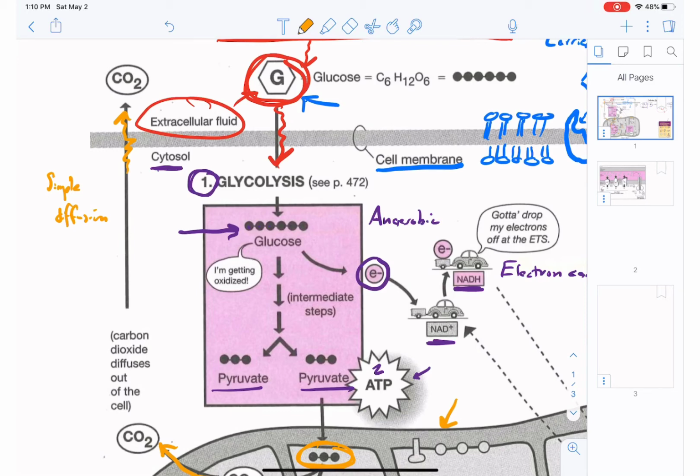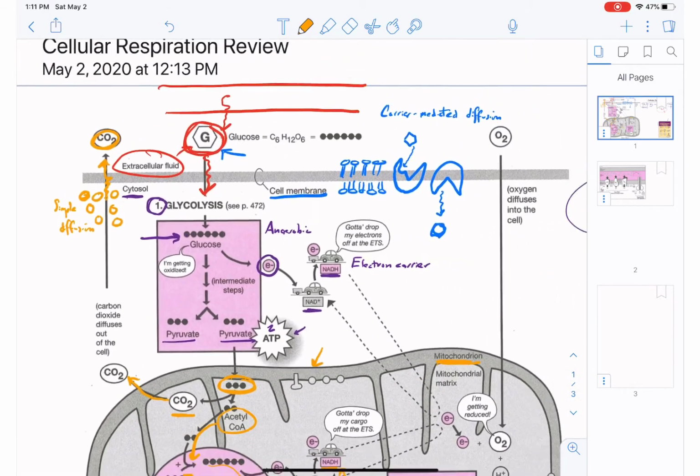It's a small gaseous molecule, and that means that it can diffuse by itself through the plasma membrane. It doesn't need any help to do that. And maybe a better way to do that would be to draw a whole bunch of these CO2 molecules here. Because with diffusion, molecules are moving from an area of higher concentration to an area of lower concentration. And so carbon dioxide simply diffuses out of the plasma membrane.